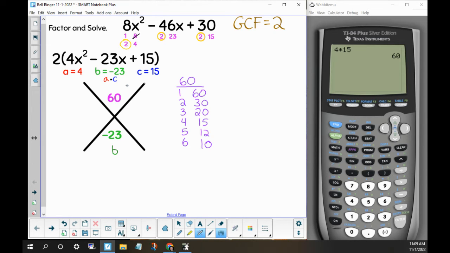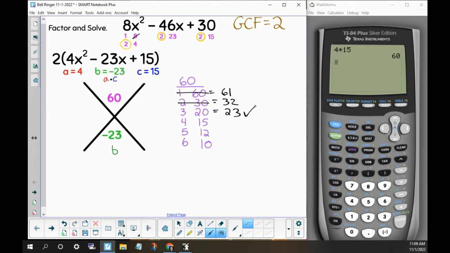Do 1 and 60 add up to 23? No, they add up to 61. So that doesn't work. What about 2 plus 30? We have 32. That does not work. What about 3 plus 20? Equals 23. Right? That's going to work.